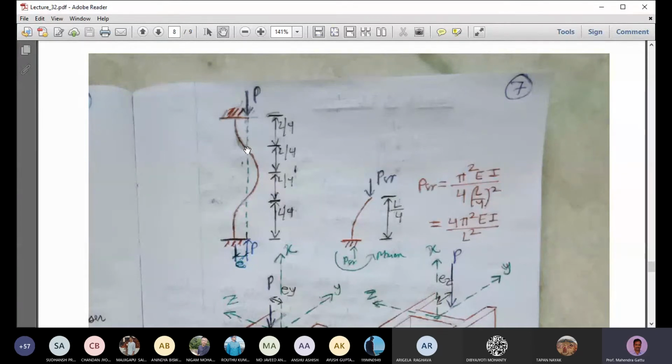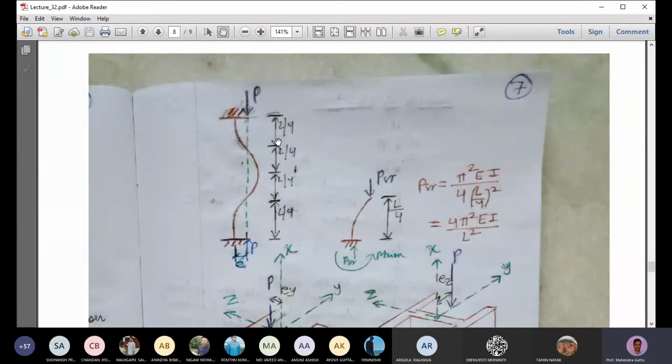The point of inflection is located at a distance of L by 4 from the top, and from the bottom it is again located at a distance L by 4. The center point will have the maximum deflection, and the distance again is L by 4 from this point of inflection.